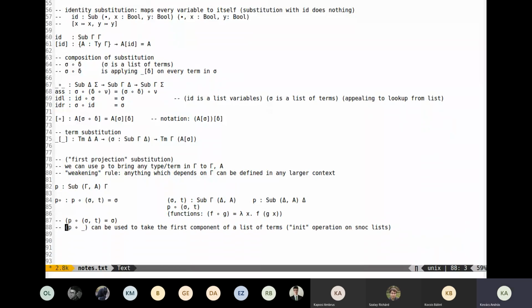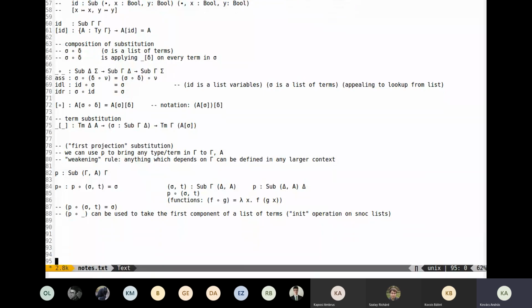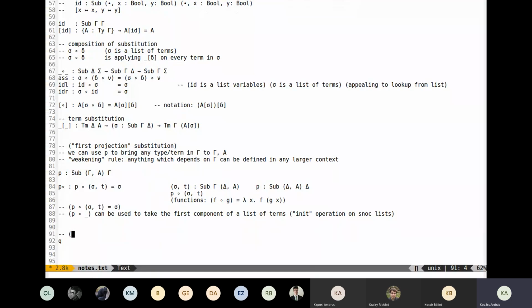So we have a substitution which can be used to take the initial component of an extended substitution. And we also have something which can be used to take the last component of an extended substitution. That's called Q, and this is kind of a second projection.